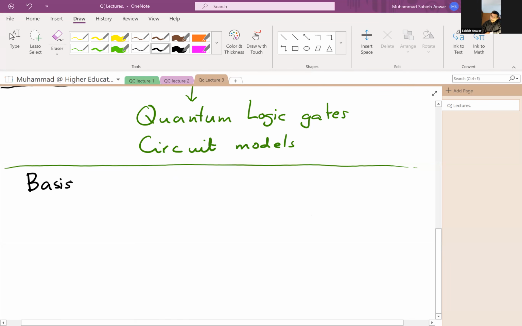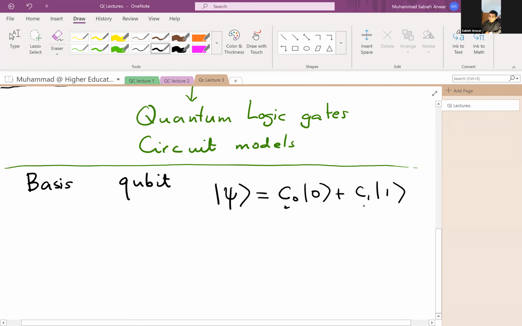Now, if I look at a qubit, I know that the most general form of a qubit is ket psi, which is given by some complex number C0 ket 0 plus C1 ket 1. And C1 and C0 are complex numbers. And these coefficients also have a constraint.